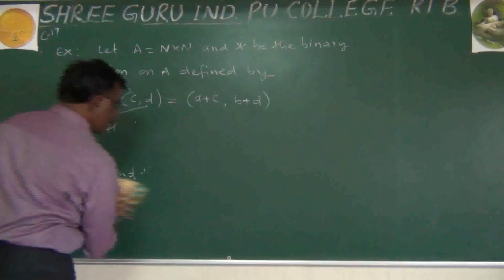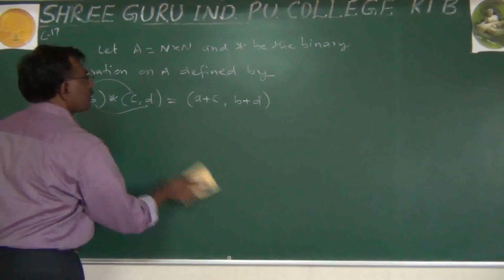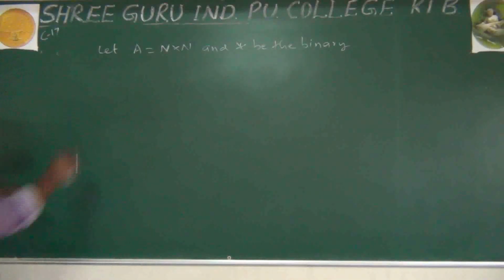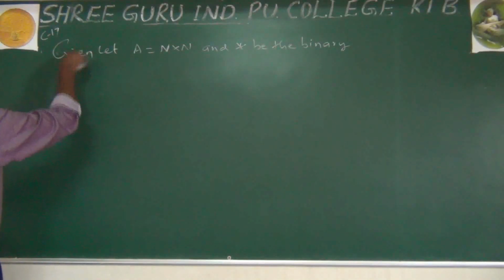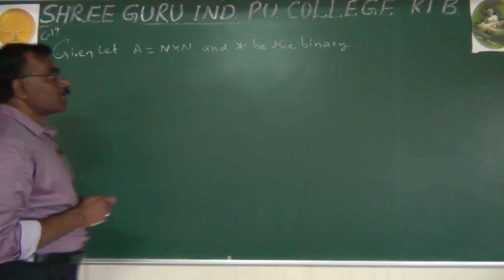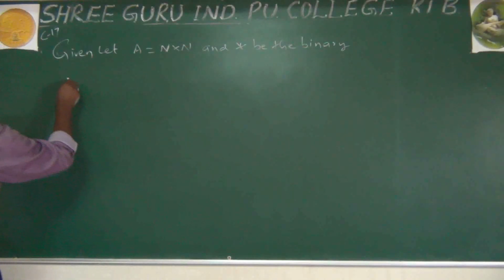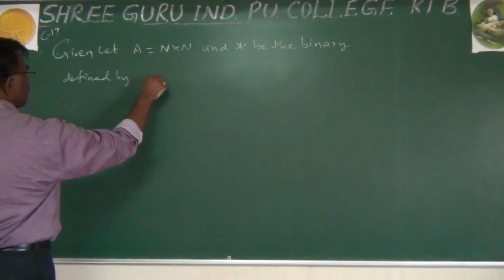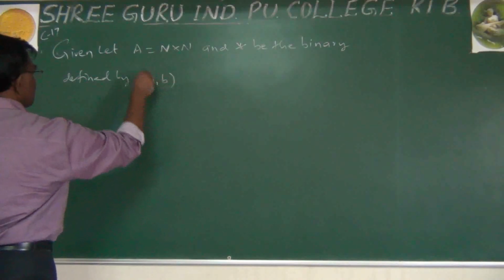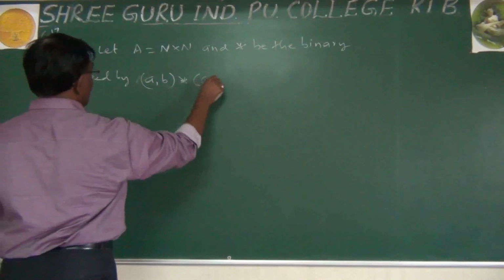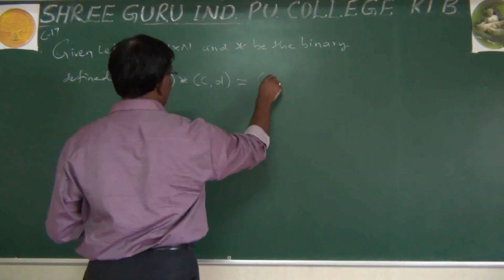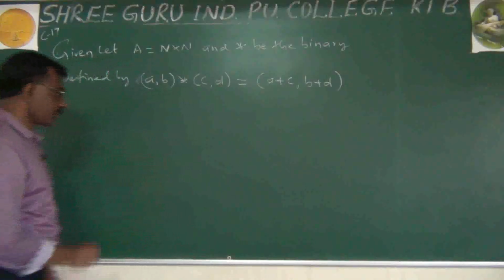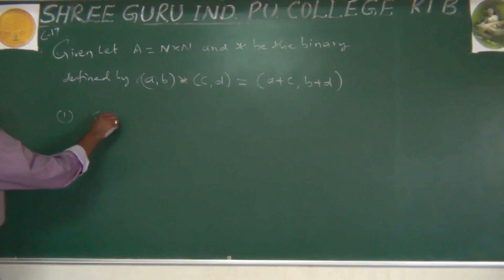So three questions are there. What is given? Given that A equal to N cross N and star the binary operation defined by A comma B star C comma D equal to A plus C, B plus D. Now let's start computing, very simple.